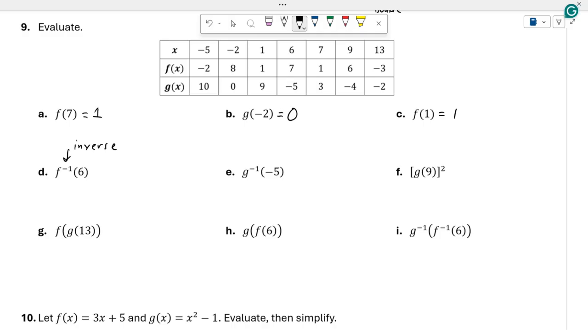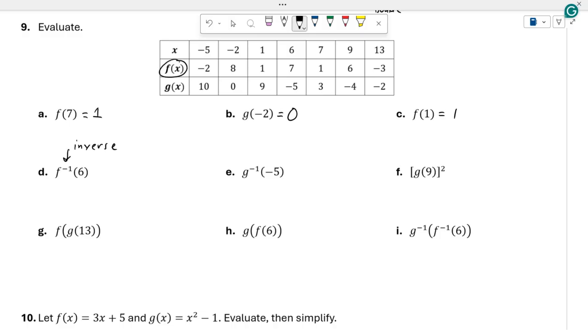With A, B, and C, it was like here's the question, what's the answer? With 9d, it's like here's the answer, what's the question? Kind of like Jeopardy, where the answers are in questions. So 9d is saying the result is 6.